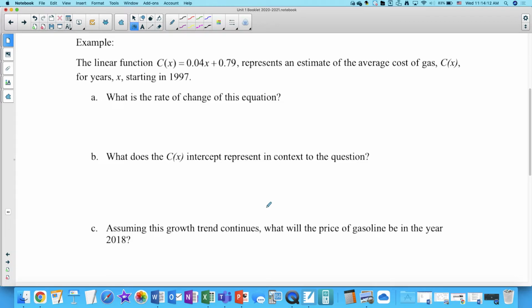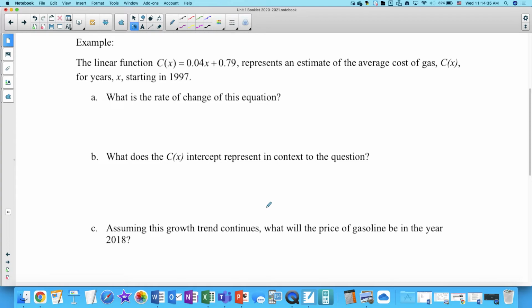Rate of change. It's a number. Yes, okay, so rate of change, the numerical value of rate of change is the slope value, right? So the numerical value is 0.04. In a context, though, we do need to include units in that.